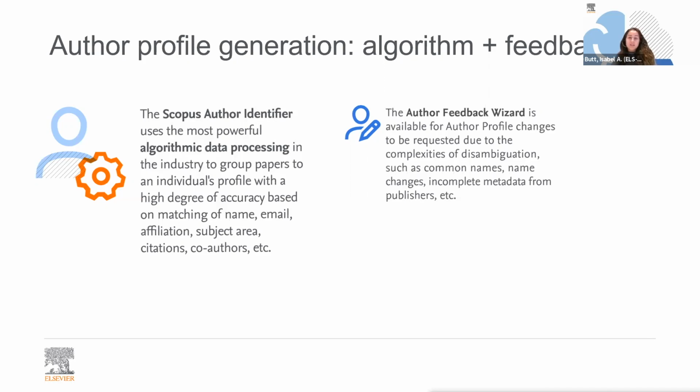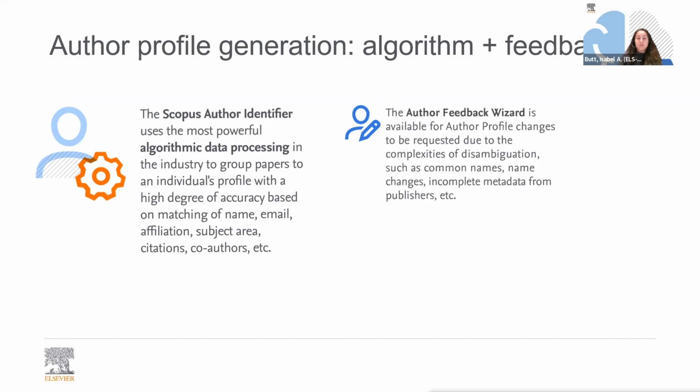Because of the complexity around author disambiguation, the algorithm alone may not be perfect, especially in tricky cases. For example, if you've got married and changed your name or moved to a new subject field. So we also offer the opportunity for authors to request manual updates and edit their profile. And I'll give you a bit more detail on how you do this later.